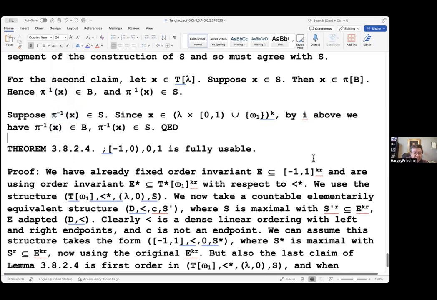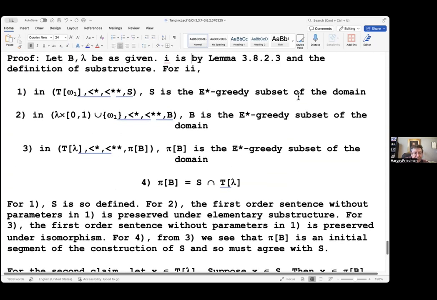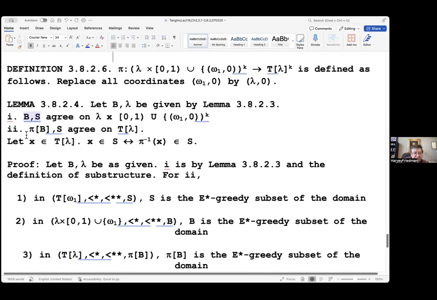All right. Where's the invariance? See this thing here. This is a first order statement. You see, in the structure that we're looking at, this is a first order statement.